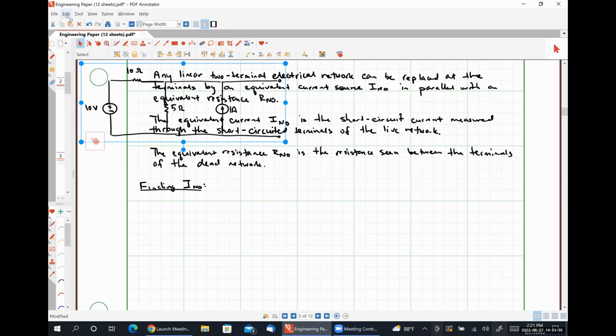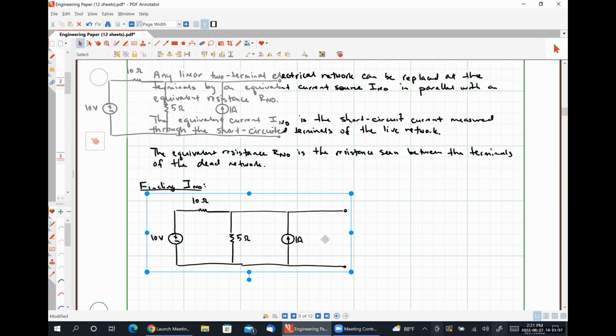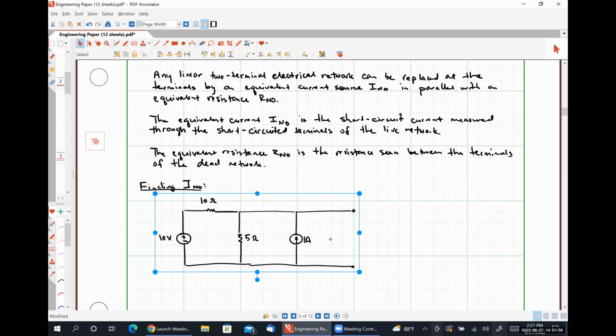Looking at the exact same circuit that we were analyzing a little while ago, what we're going to do is simply short circuit our terminals and figure out how much current flows through the short circuit. The current flowing through the short circuit is, by definition, our Norton current. And we can determine this current however we choose to do so.